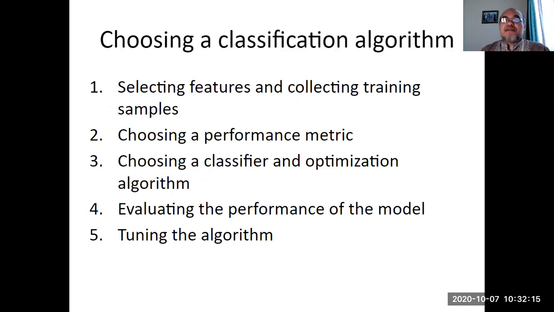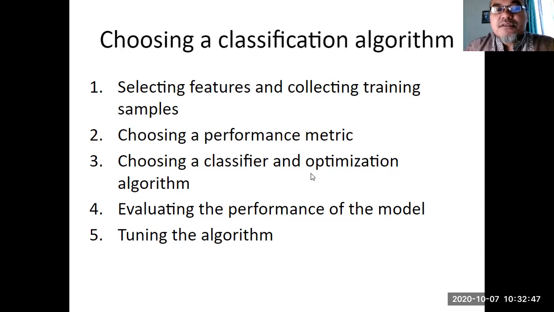When choosing a classification algorithm, you need to select the features and collect the training samples. Choose a performance metric. For example, you can choose accuracy, which is the percentage of how close your prediction, based on your machine learning algorithm, is to the actual class given using the supervised learning algorithm.